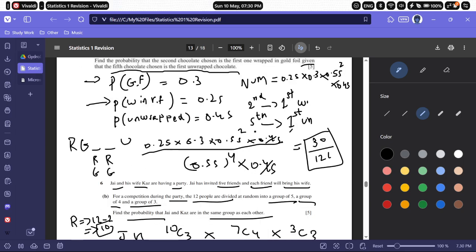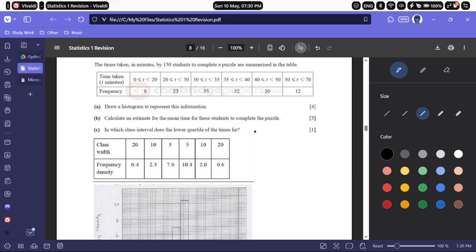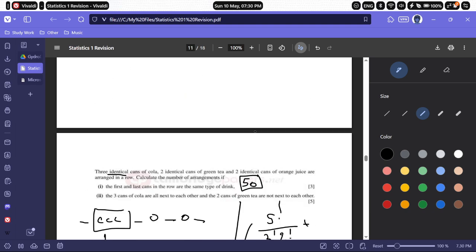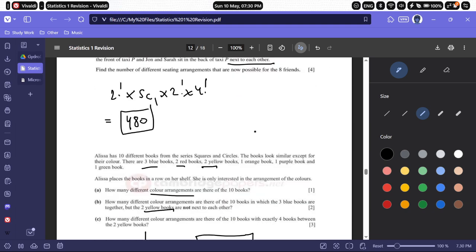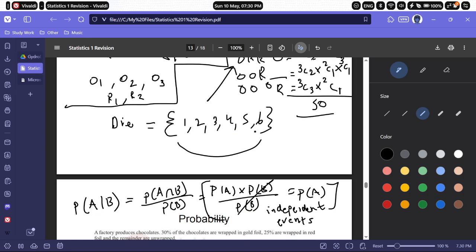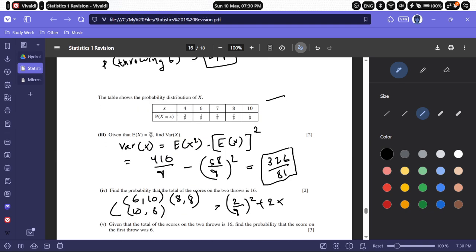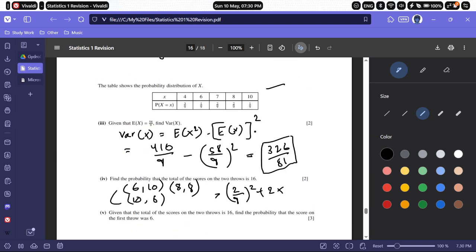The probabilities for these two cases would be the same, so you can just do 2 times the probability that you get 6. Yeah, we started from 10. I skipped the histogram and all of that because I believe that's doable. So you have 10 and 6.